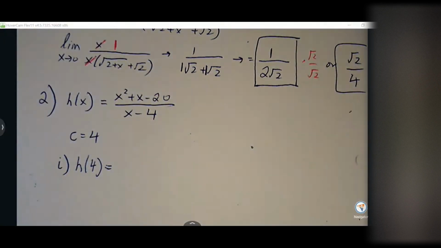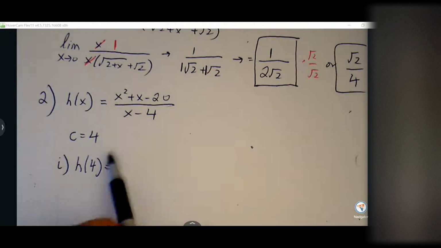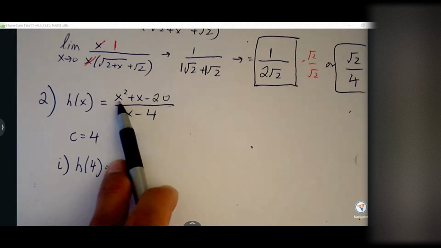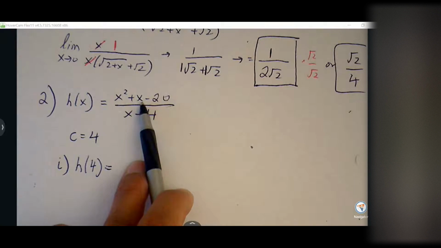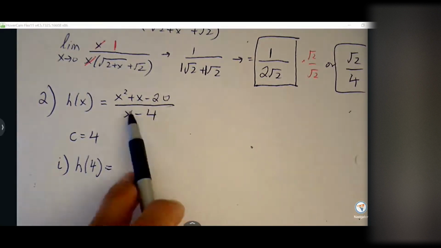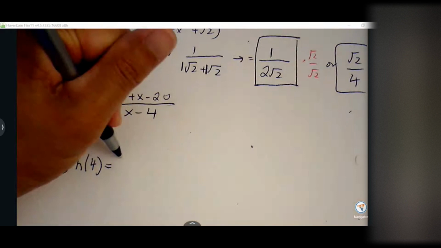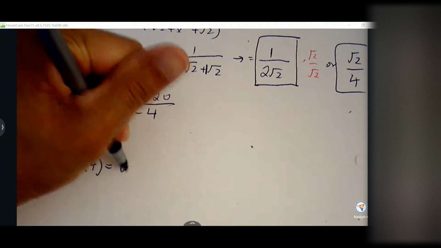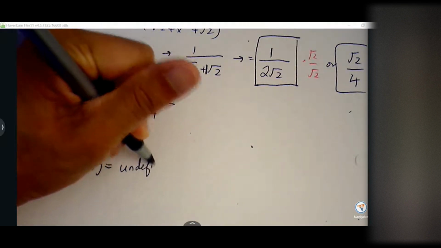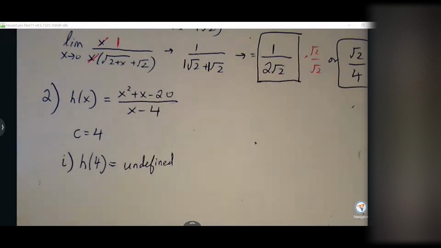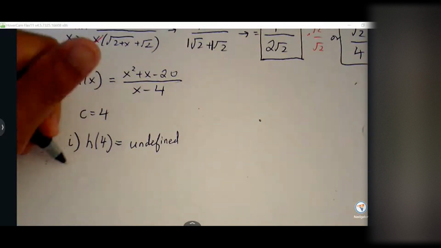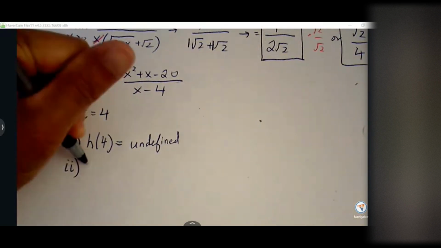If I try to find h of 4, I plug in 4, I get 16 plus 4 is 20. 20 minus 20 is 0. 4 minus 4 is 0, so we get 0 over 0, which means that this point is undefined. There is no point there, and we know 0 over 0 means there's a hole, and that's going to come into play when we do our second condition, but at least we know to begin with, our point is undefined. Second condition, does a limit exist?